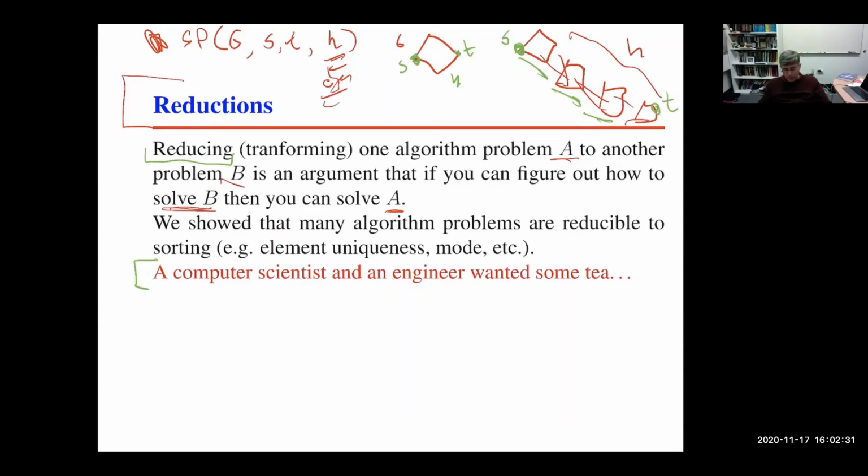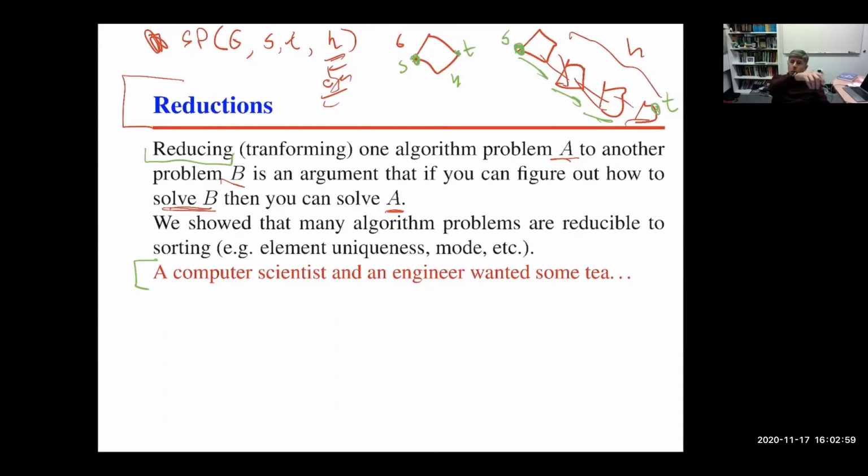The engineer goes to the top of the shelf, pulls out a teapot, takes that teapot to the sink, puts water in it. The computer scientist is watching this intently. The engineer then puts the teapot on the stove, turns the stove on, waits, and it whistles.